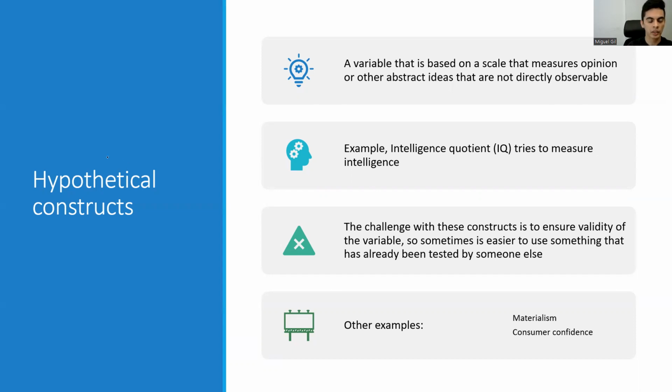So a hypothetical construct is when you have something that can't be objectively or easily abstracted from nature or from reality, so you have to build that variable. Intelligence is a good example.